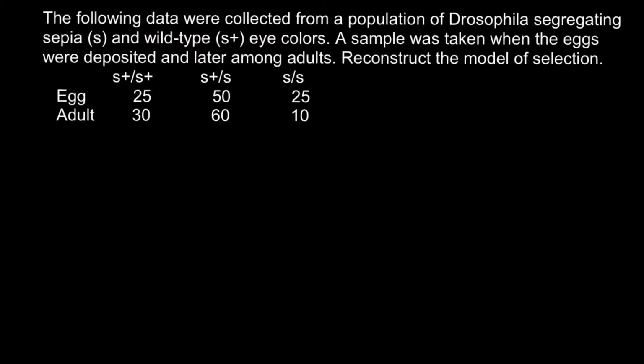If you take a look at this table, we have three genotypes. This genotype would be black color. This also would be black because wild type is always dominant to the other types, and this type would be sepia, a reddish brown color, and these two would be black.